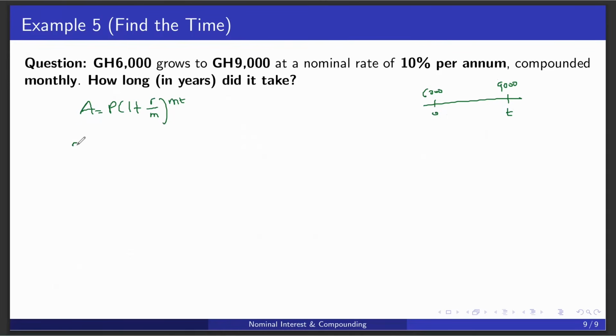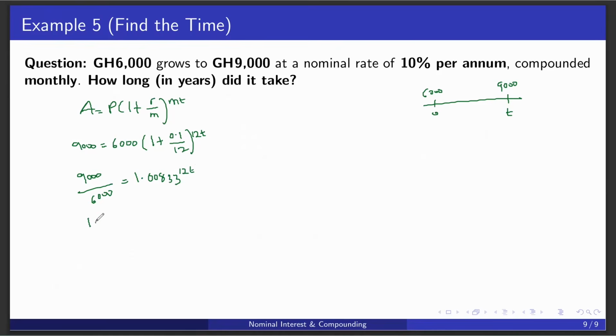Therefore, A is our future value, 9,000, equals the principal of 6,000 times 1 plus R is 10%, 0.1 over M. It is compounded monthly, so M is 12, to the power 12 times T. So we can divide both sides by 6,000 to have 9,000 divided by 6,000 equals 1.00833 to the power 12T.